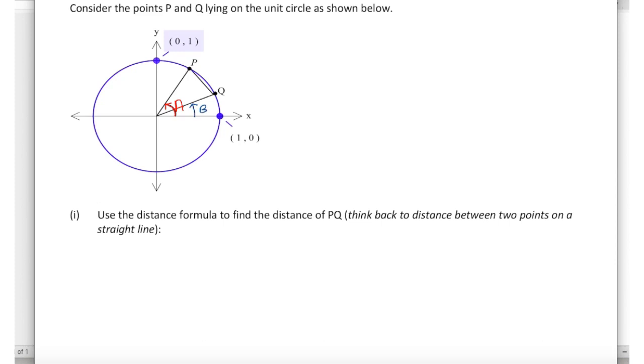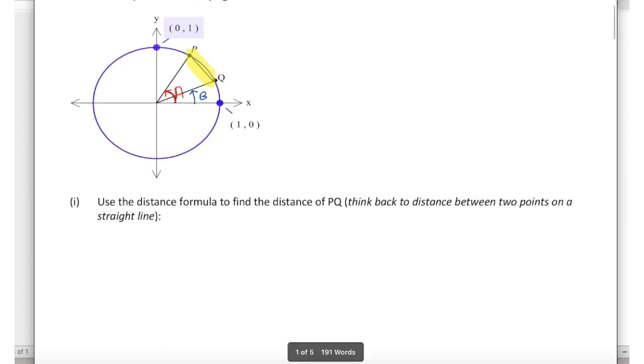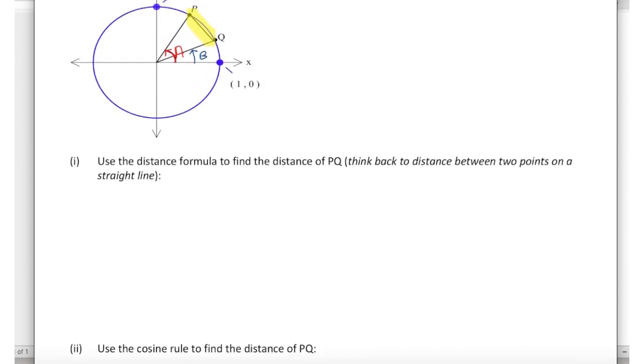So what we want to try and do is define the distance PQ. Using our understanding of the distance between 2 points being a straight line, we can use Pythagoras, looking at the difference between the y values and the x values of those 2 points.